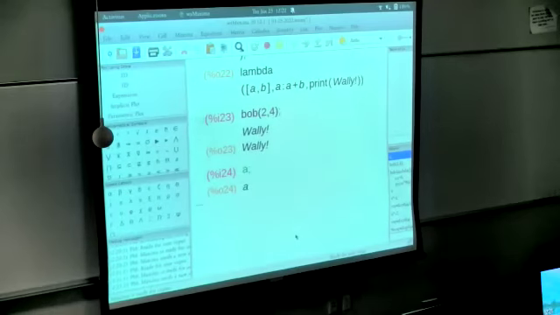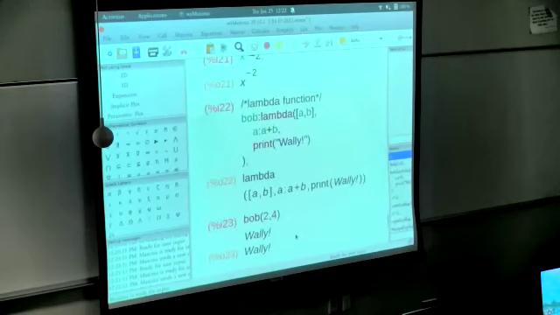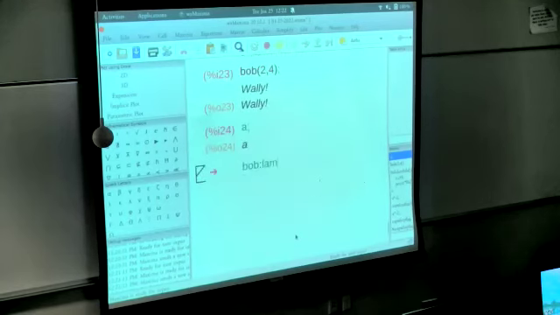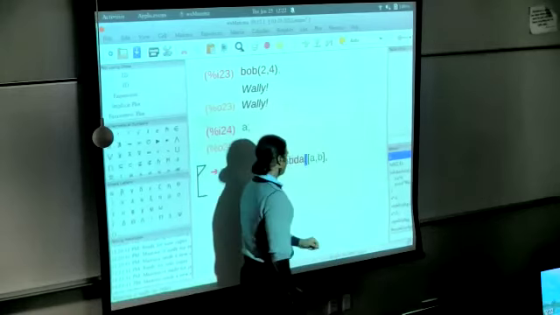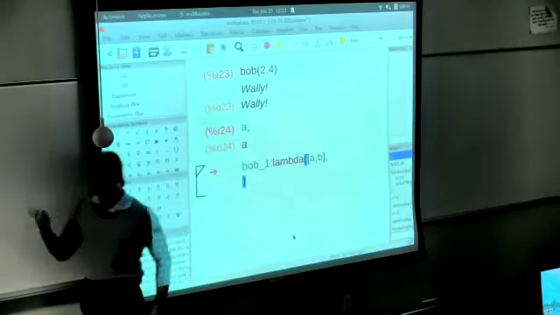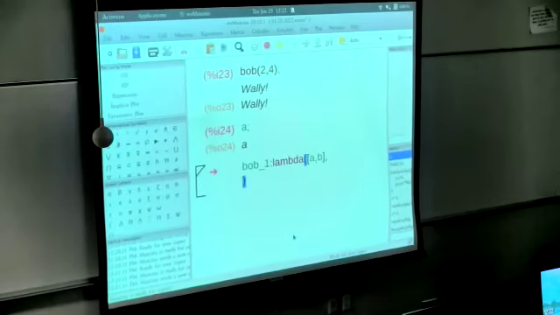Now what would happen if I take the same lambda function and I'll call it Bob1. You can define it as Bob1 too. It's perfectly fine. This time, instead of having two separate arguments, I'm going to put open paren, close paren.